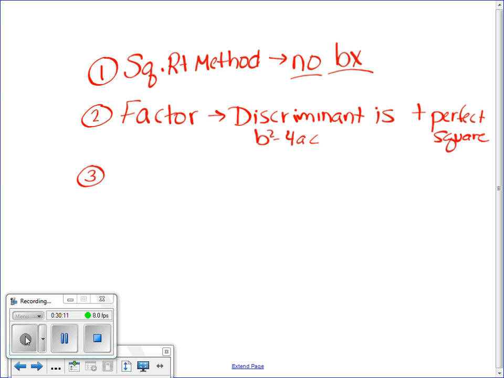Some of you, I think, prefer completing the square over quadratic formula. It doesn't matter to me which method you use, but I would probably look for my next choice. I might look for completing the square.